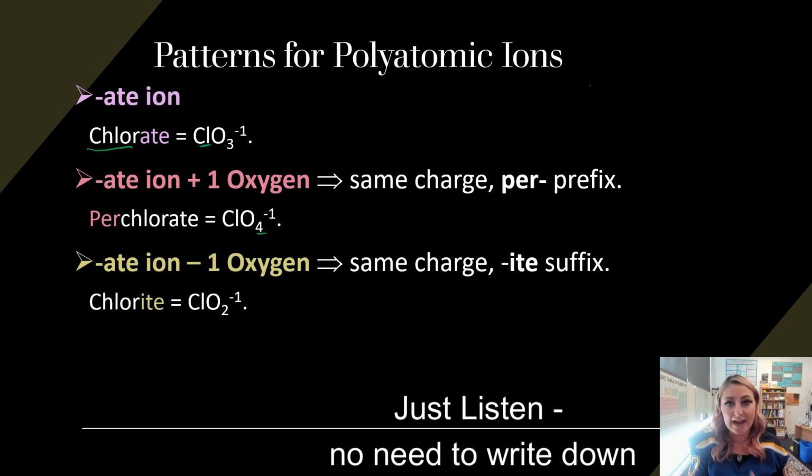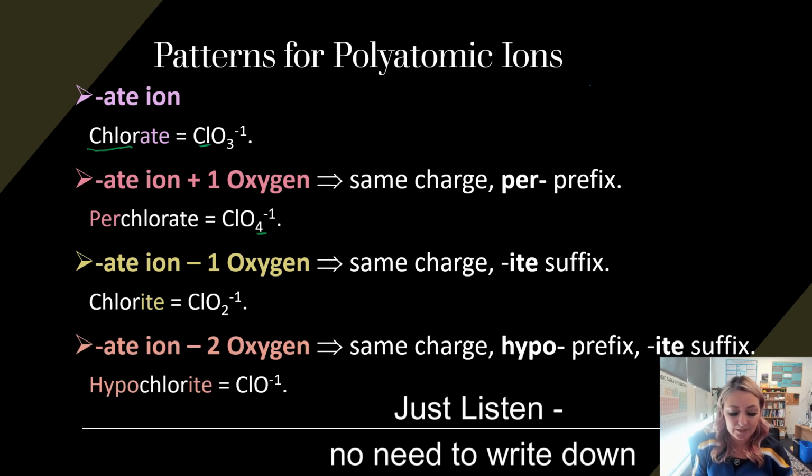If we take our -ate ion and we subtract an oxygen, so instead of ClO3, it's ClO2, we're going to change the ending to -ite. Remember a couple slides ago we said -ate is more oxygens, -ite is less. So ClO2 would be chlorite.